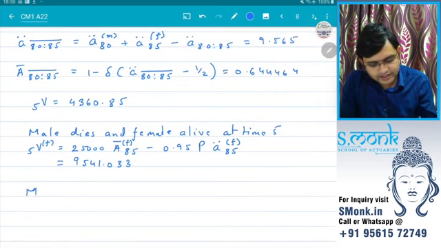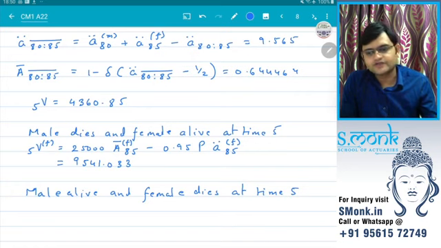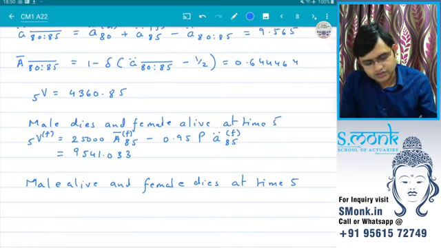Similarly, what if male alive and female dies at time 5? We are not saying that they are dying exactly at time 5. We are saying that they are dead by this time, so any time before this, the death would have occurred.